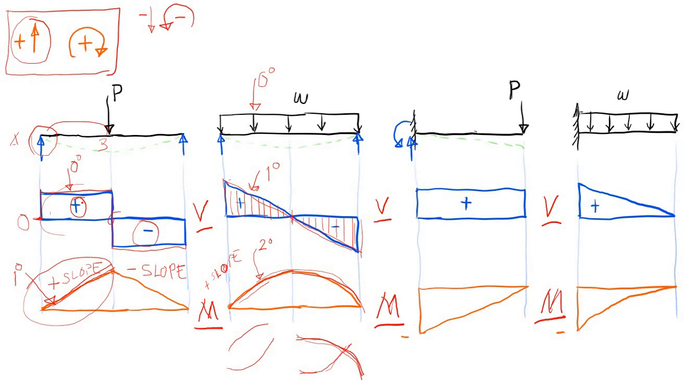Now, notice guys that in these diagrams, for these first two beams, the location of our maximum moment is at the point of zero shear. If this is our shear diagram, then the location of our maximum moment is in line with the location of zero shear.